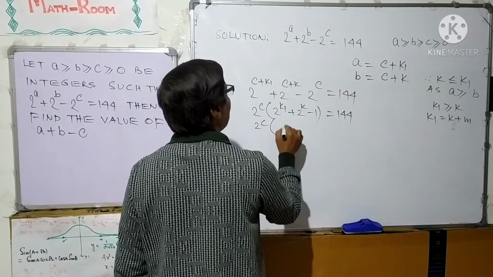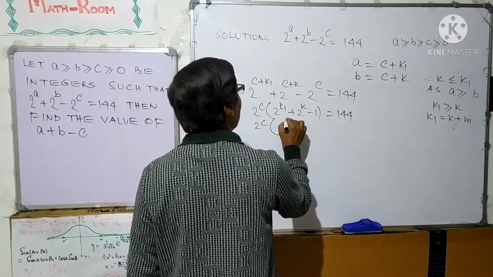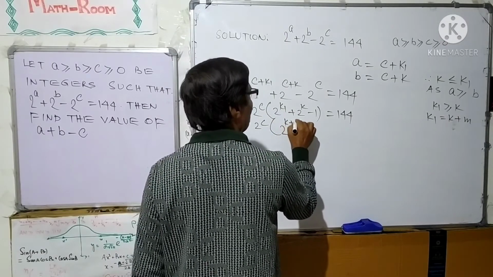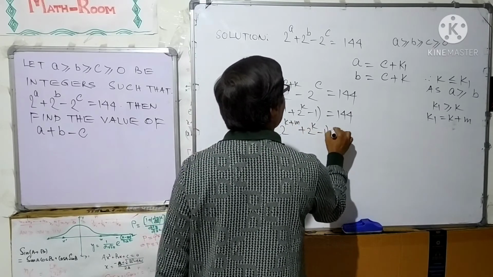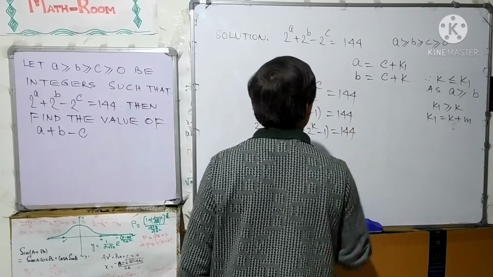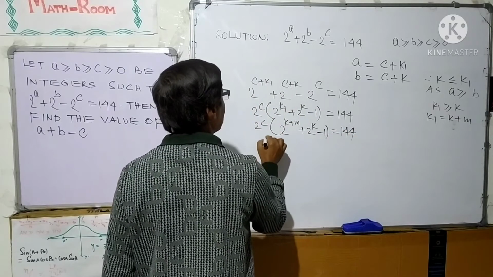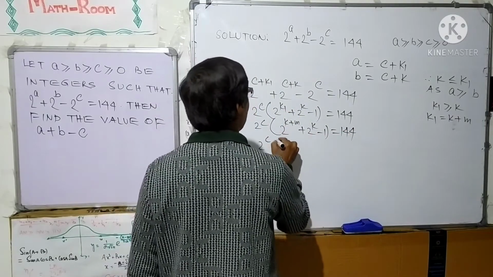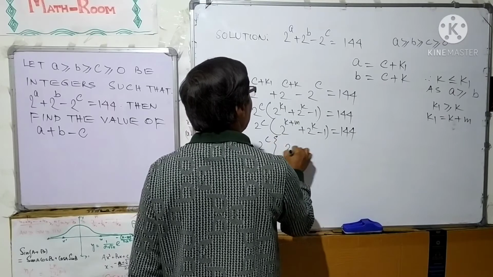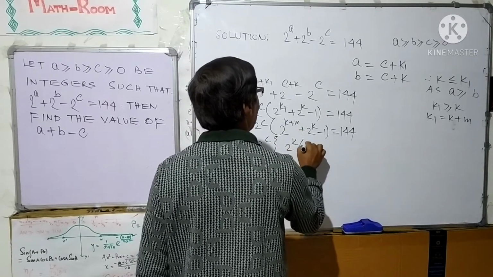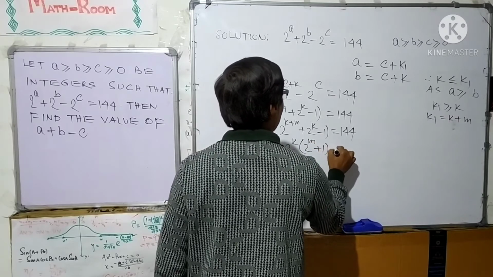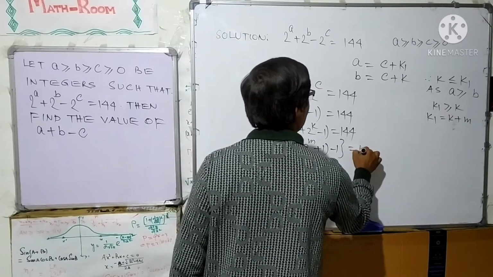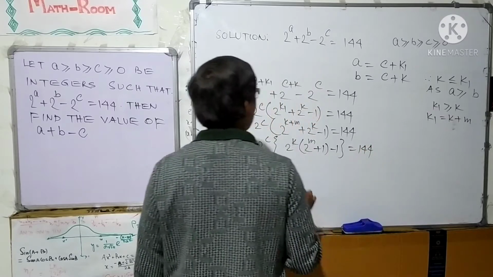So, we can write 2^(k+m) + 2^k − 1 = 144, that is 2^c (2^k (2^m + 1) − 1) = 144.